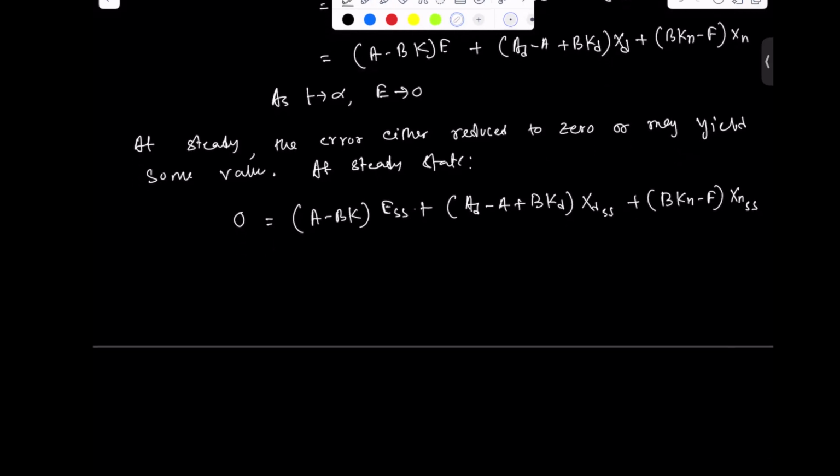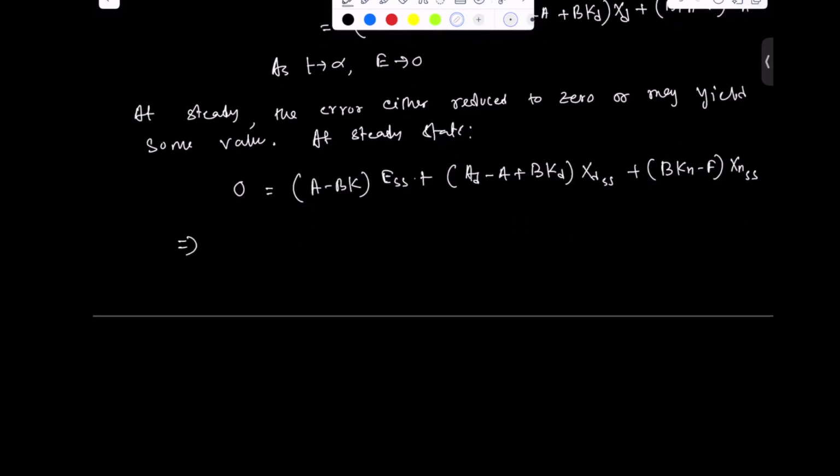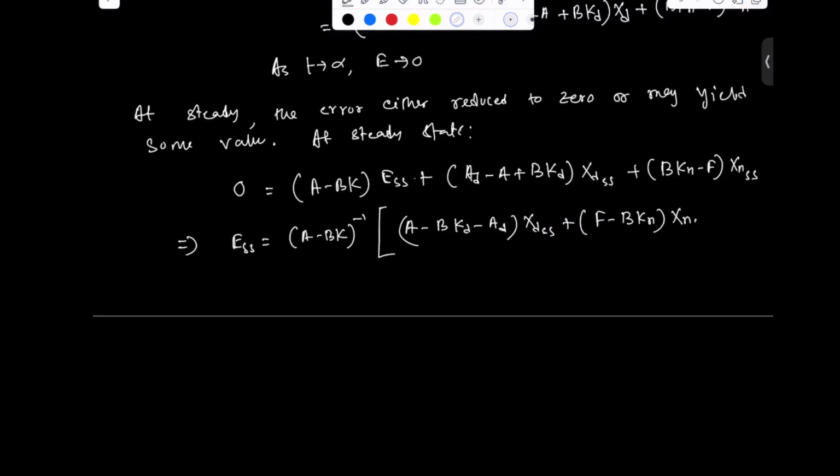So now, if you simplify this expression, we can write e_ss equal to (A minus BK) inverse times [(A minus B K_d minus A_d) x_d,ss plus (F minus B K_n) x_n,ss].